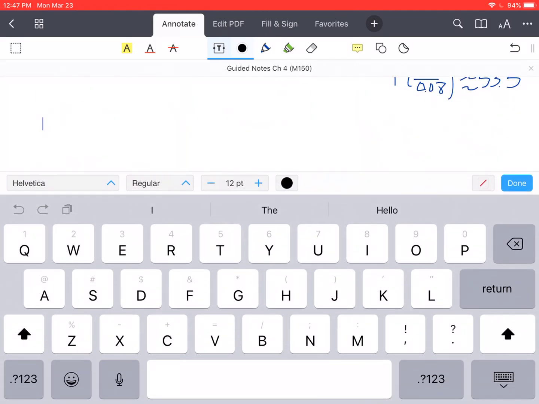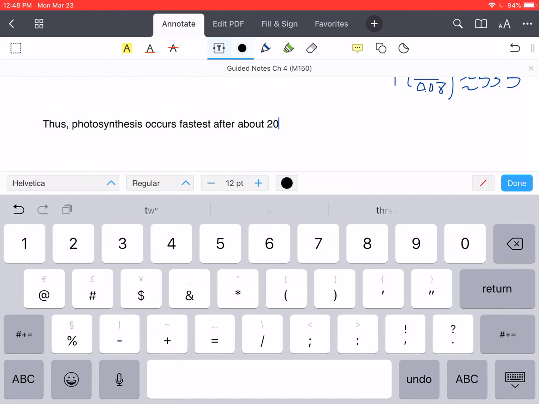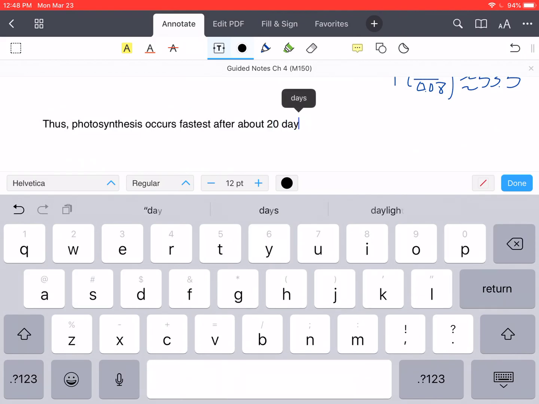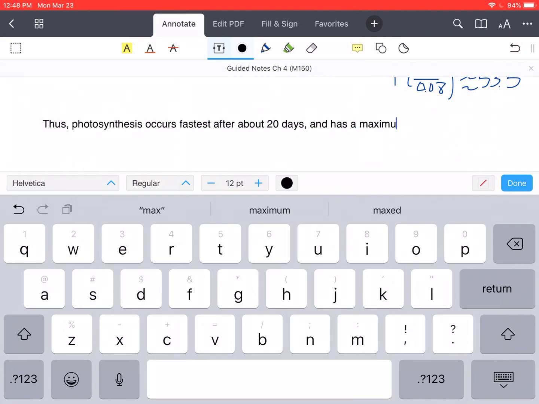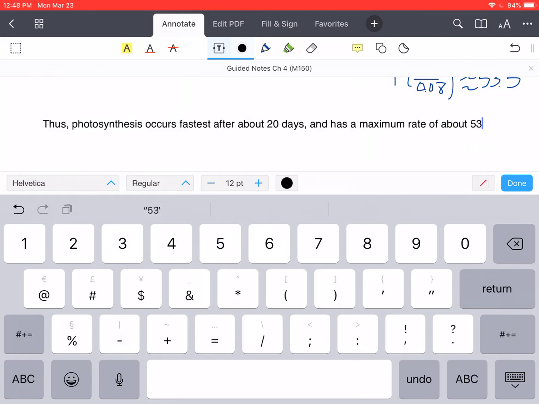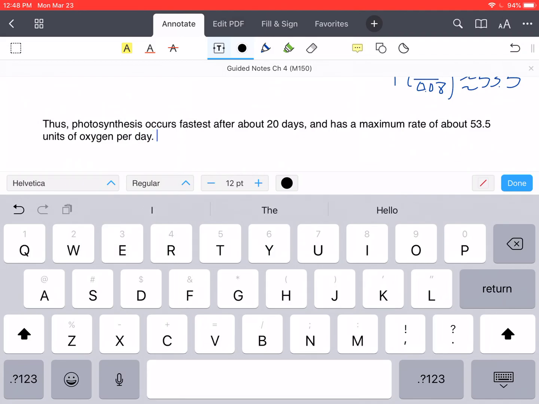Thus, photosynthesis occurs fastest after about 20 days, 20.12, and has a maximum rate of about 53.5 units of oxygen per day.